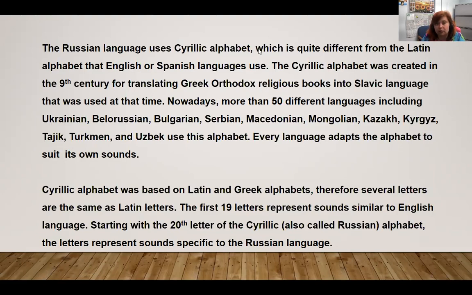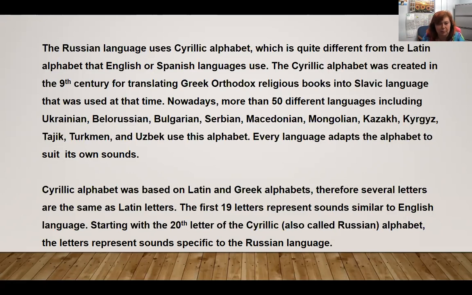And he invited religious monks from Moravia, which is present-day Czech Republic, I guess, not Czechoslovakia anymore. And they created the alphabet into which they translated the Greek Orthodox religious books, and they taught Slavic people to read in that alphabet. And since then, since the 9th century, Russia uses the Cyrillic alphabet.